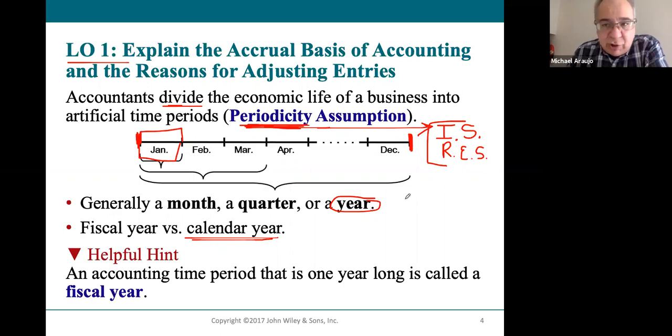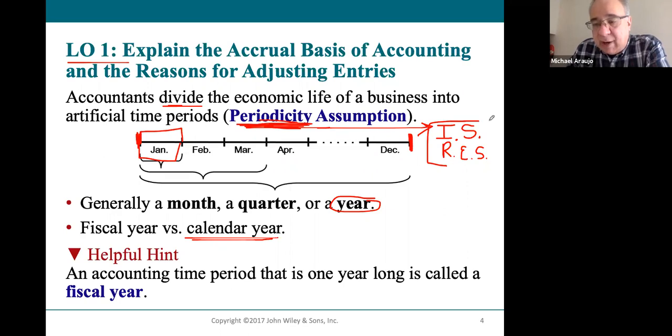Apple's no spring chicken either. It's been around for a good 40 years now, maybe longer. And guess what? They've had to keep records every year separate for each of those 40 years that they have been in business. So why? Because they have to keep those periods of time by the periodicity assumption.